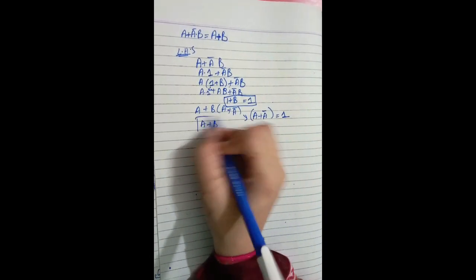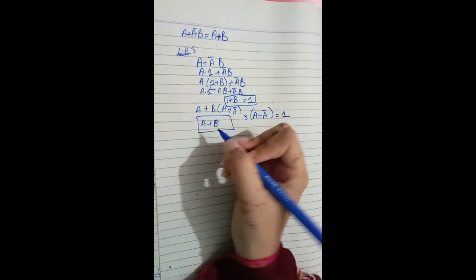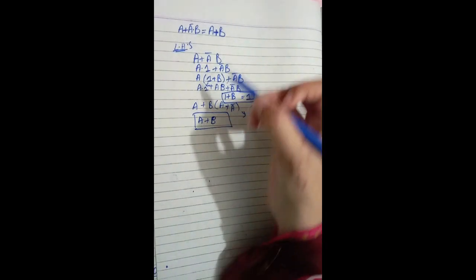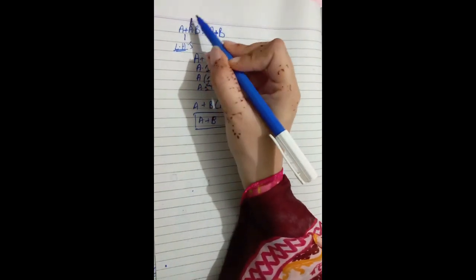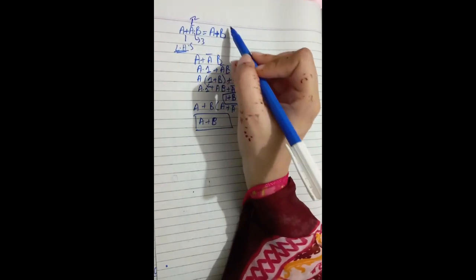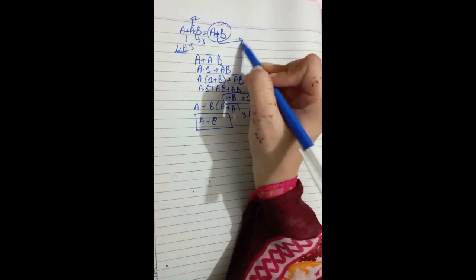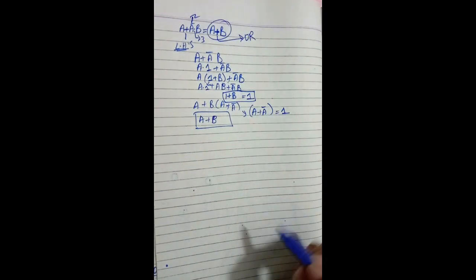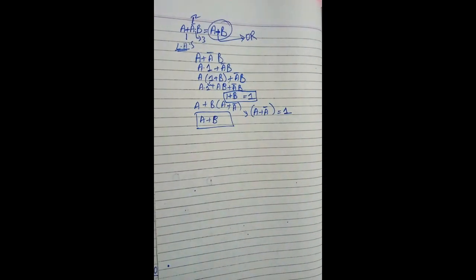So our final answer is A plus B, and this is how we use the postulates to convert the three gates to simplify our expression, using only one gate. This is where we use the postulate.